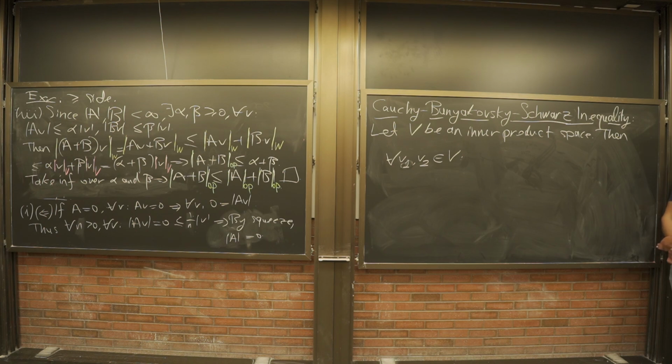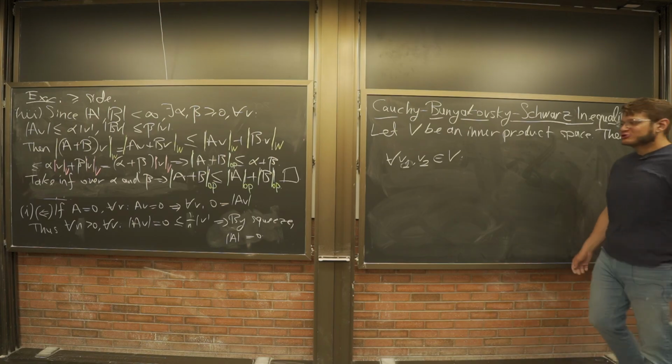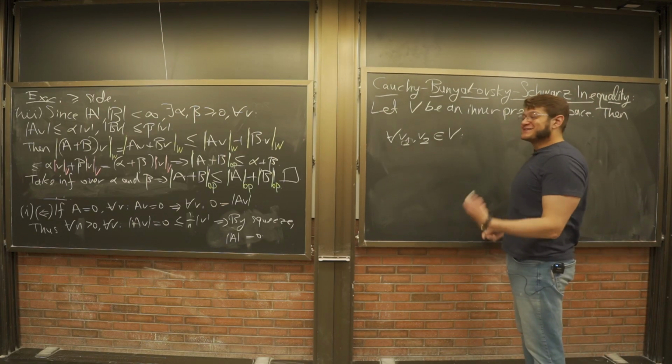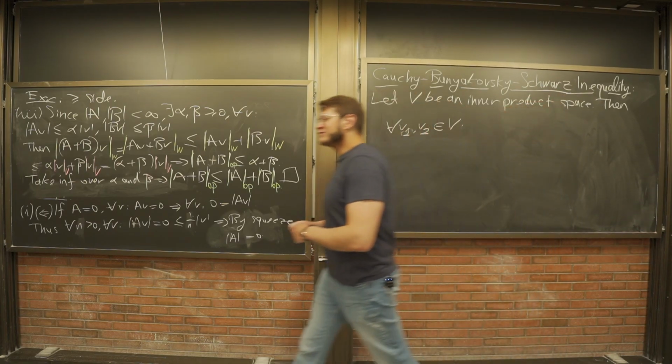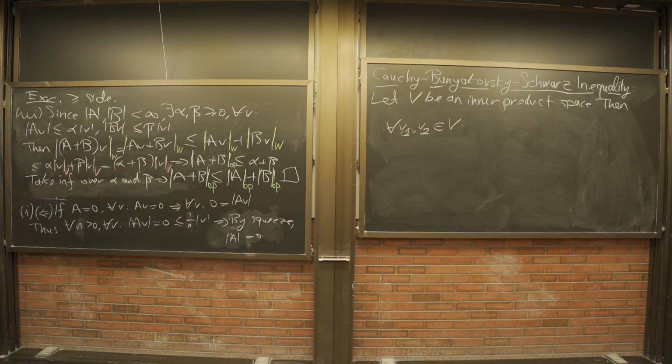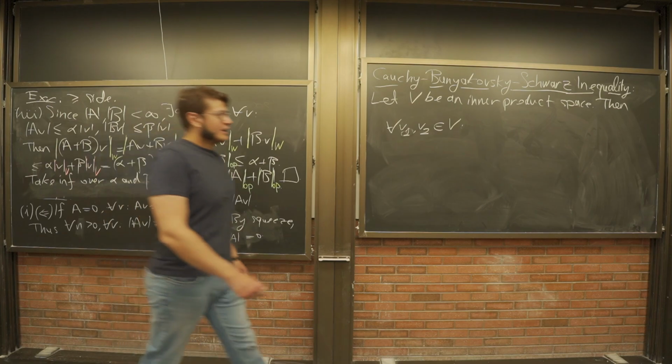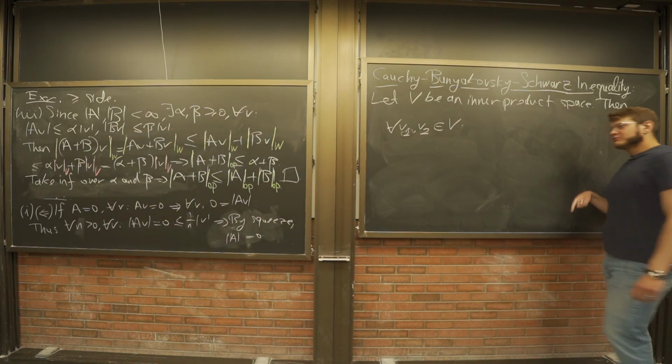You've definitely covered this in calculus. Okay. If what you learned in calculus is correct, this is actually backwards, but heuristically, you know that the dot product of two vectors is equal to the product of the norms up to an angle.